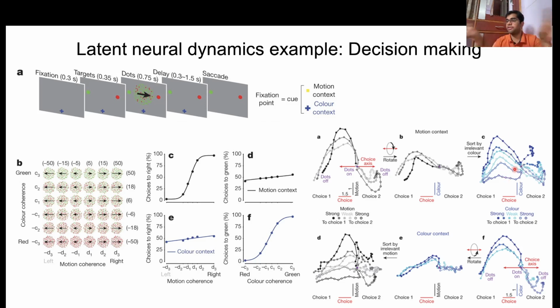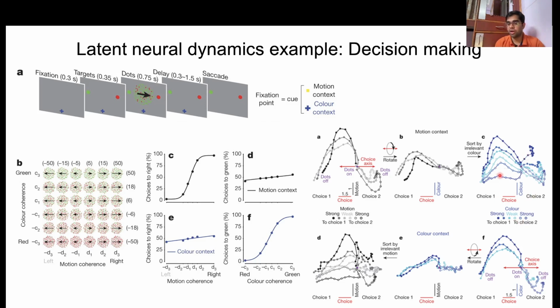It's always everywhere. So since in the motion context color is irrelevant, similarly in the color context the motion goes everywhere, but color you can see nicely. As the coherency of the color increases, the amplitude and the trajectories go on one side versus the other side, but the choice separations are always there.